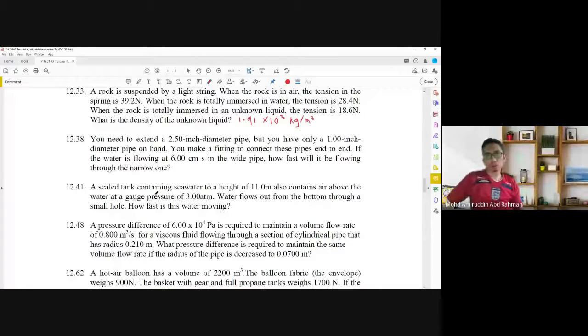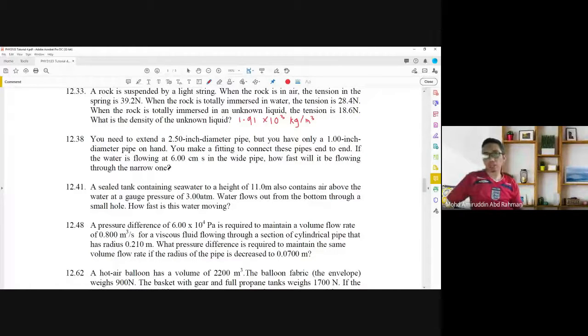Okay, for 12.38, it's about the water flow. So you need to relate that with the area. So A1 V1 equals A2 V2. What is the area?